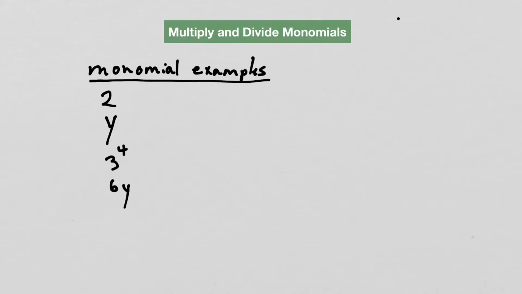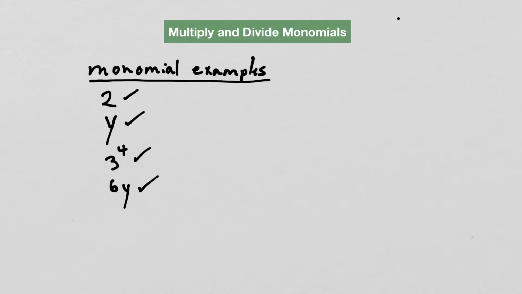Okay, so hopefully those examples will help you to understand what a monomial is. And as I said before, it is an algebraic expression consisting of one term. Okay, so this is one term, this is one term, this is one term, this is one term.